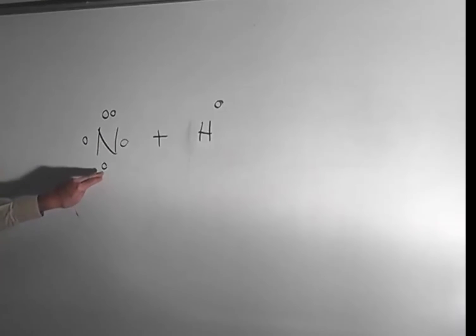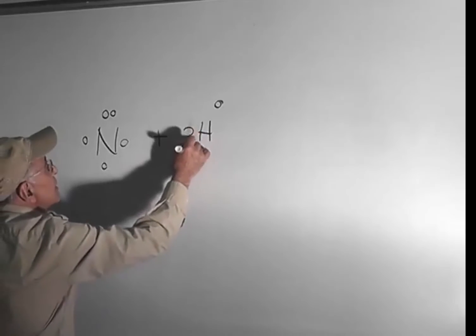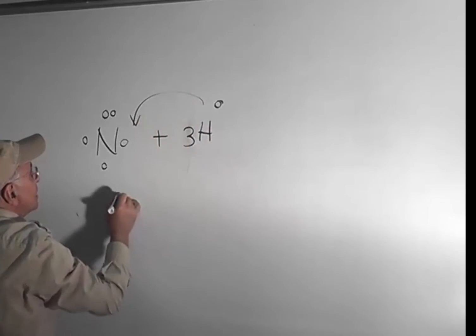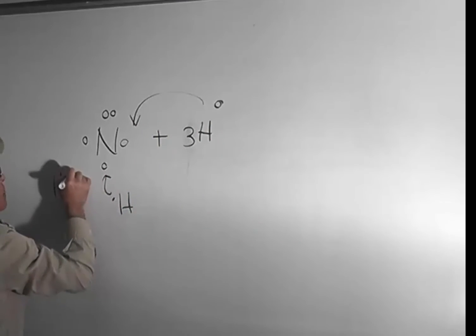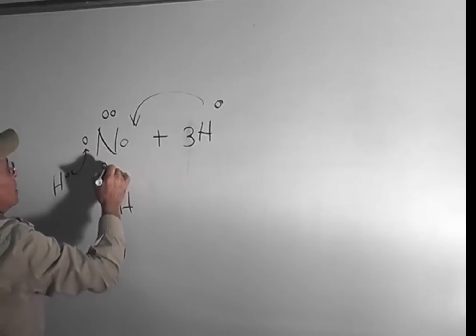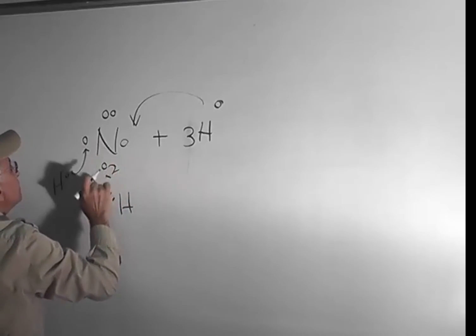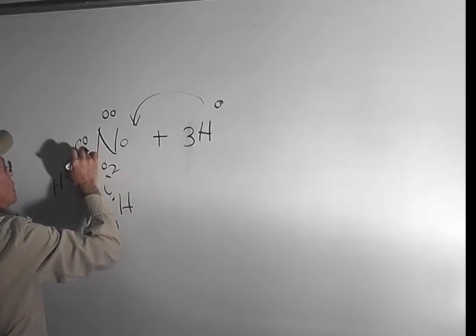How many electrons do I need to complete the octet of nitrogen? 3. Every hydrogen is bringing 1 electron. How many hydrogens do I need? 3. So one is coming here, one is coming here, the third one is coming here, and they are sharing their electrons.